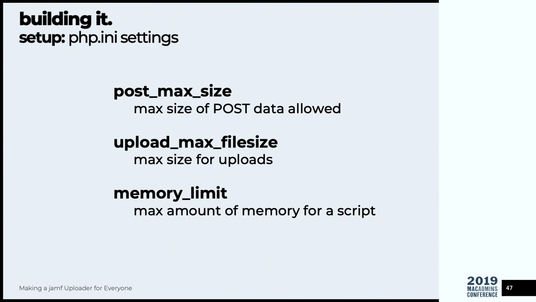And the 3 values that you have to be sure to set: the post max size, the upload max file size, and the memory limit. The top 2, I have matching in our environment, and I have them set to 6 gigs. And hope that I don't have an admin that's going to try to upload anything bigger.